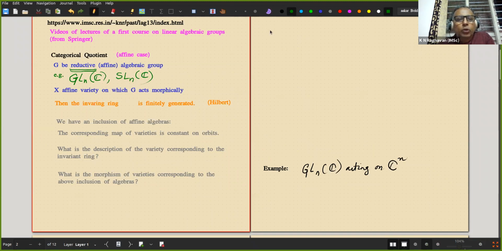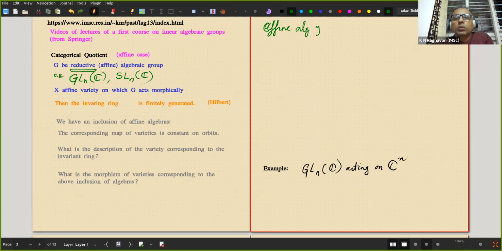Let me say a few more things. Let me also just recall for you affine algebraic group. The way we defined it in my last lecture was that it is a group object in the category of affine algebraic sets or affine varieties.